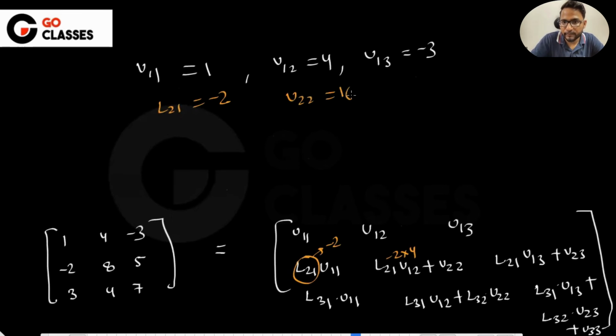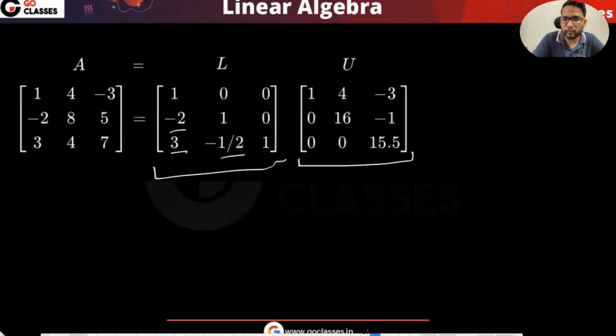U22 will be 16. And then you have L21, which is minus 2, into U13, which is minus 3. U23 you need to calculate, which is 6. And then this is 5. So 5 minus 6 will be minus 1. U23 is minus 1. Let me check if I'm getting the answers correctly.